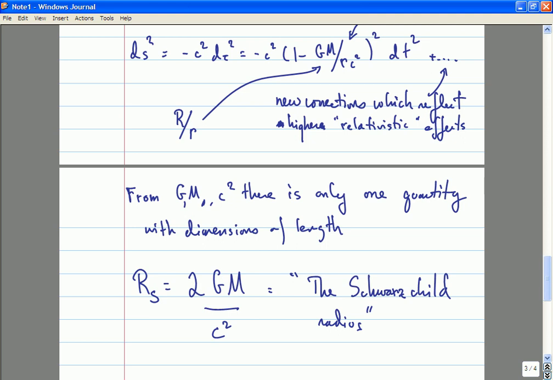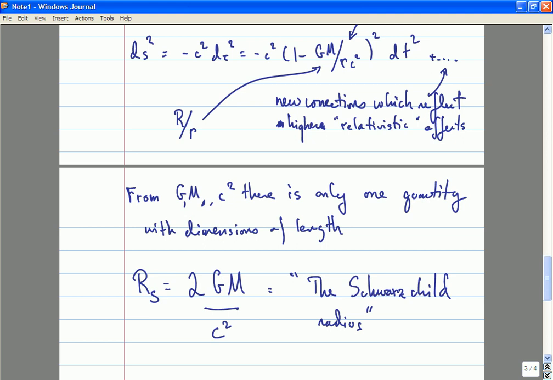So we expect there to be further corrections to this formula for the metric of spacetime in the presence of a mass that are suppressed by higher powers of the ratio of the Schwarzschild radius R to little r.